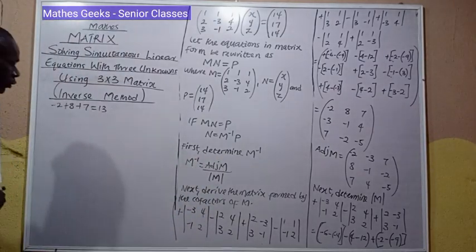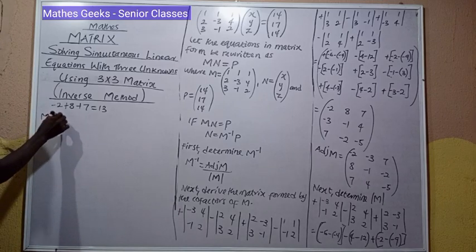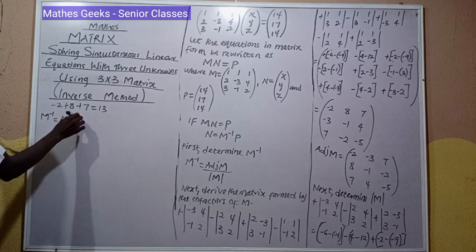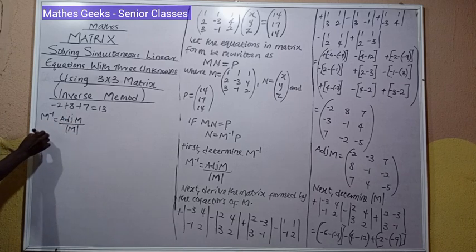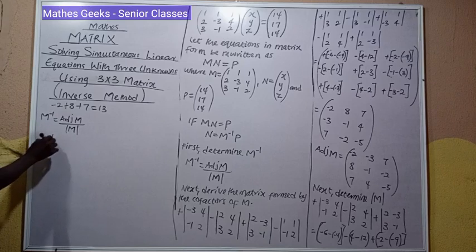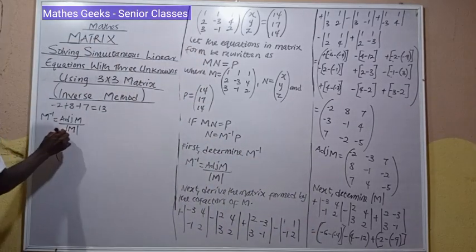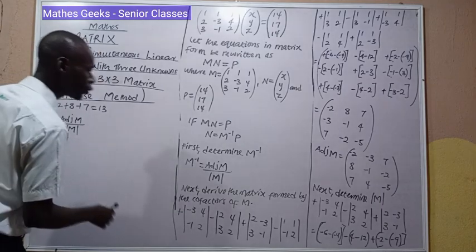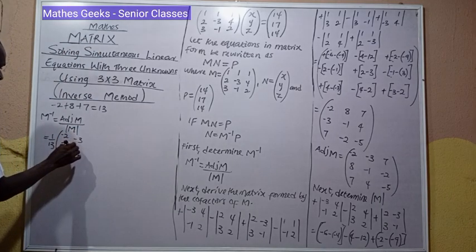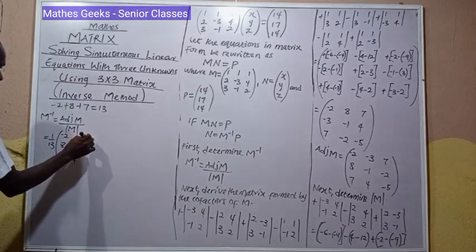So let's proceed. We can say M inverse is equal to adjoint M over the determinant. So this is equal to 1 over 13, and then the transposed matrix of cofactors: minus 2, 8, 7, minus 3, minus 1, 4, 7, minus 2, minus 5.